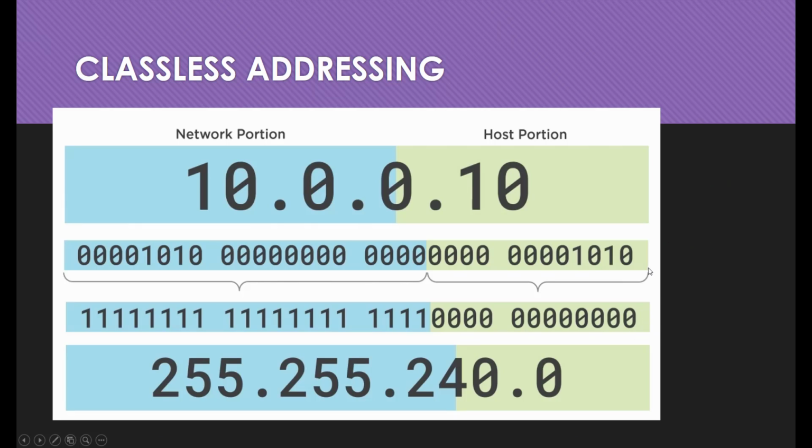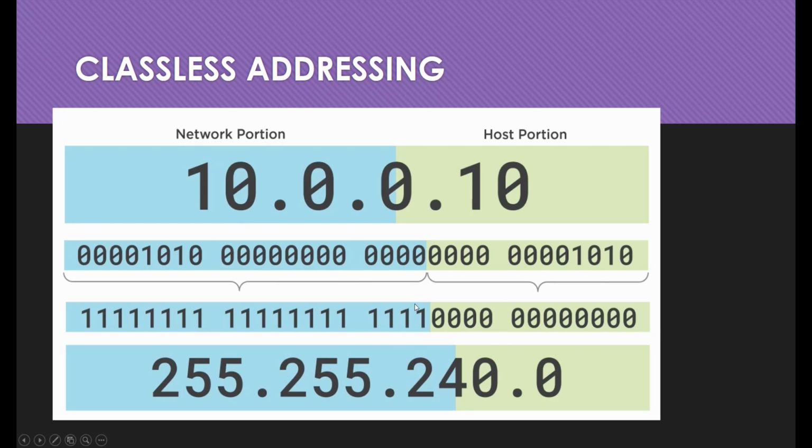So this is an example of a classless IP address. We can see that we have the host and network portions cutting across the third octet. The first octet, which is all ones, and the second octet, which is all ones, are also part of the network portion, and the third octet, which has the first 4 bits as all ones and the remaining 4 bits as 0, forms partial network and host portions.